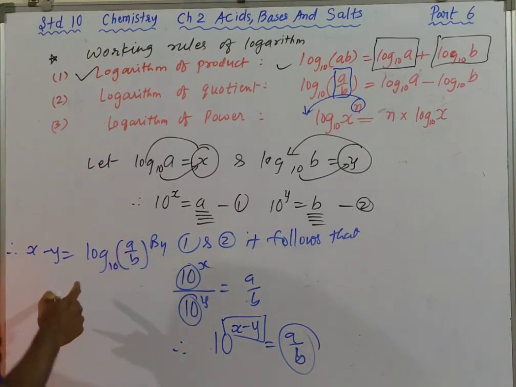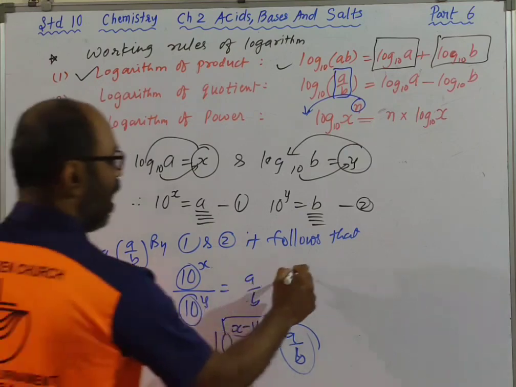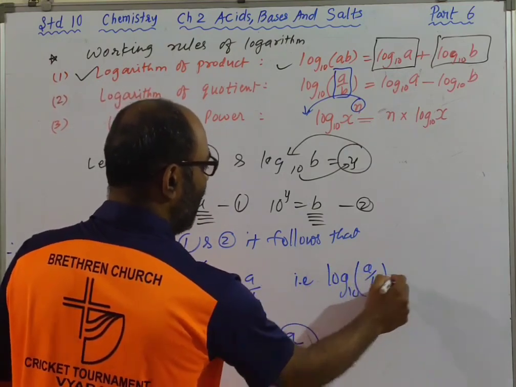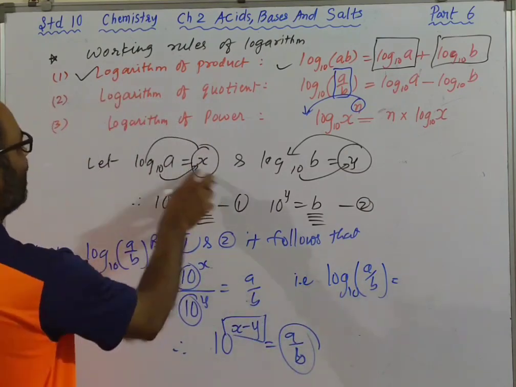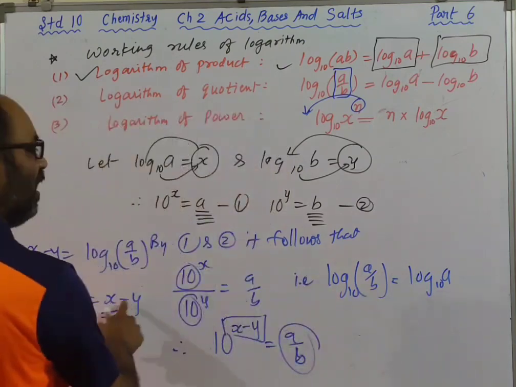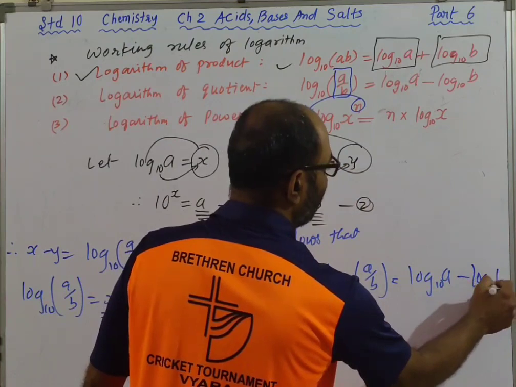So log of A upon B to the base 10 is equal to x minus y, i.e. log of A upon B to the base 10 is equal to x, what is x? Log of A to the base 10, minus, what is y? Log of B to the base 10.